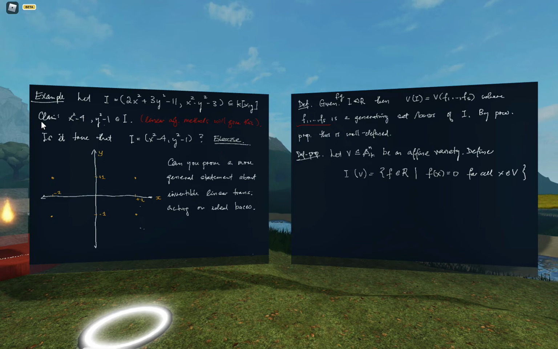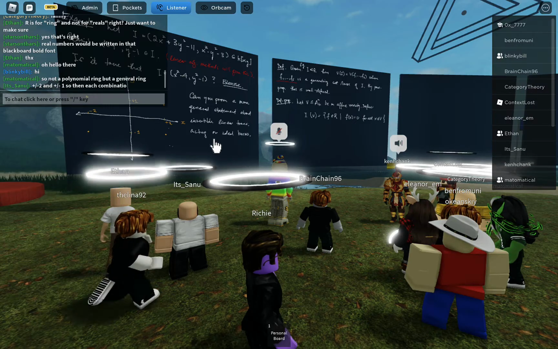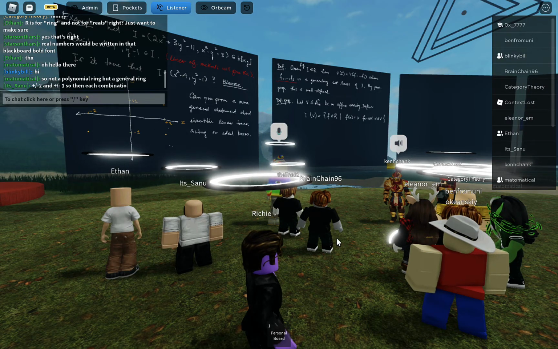I'm just writing f(x) here. And so we're looking at all of the polynomials which are 0 on every point of V, and that will give you an ideal.